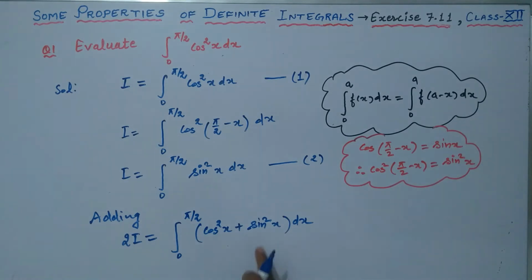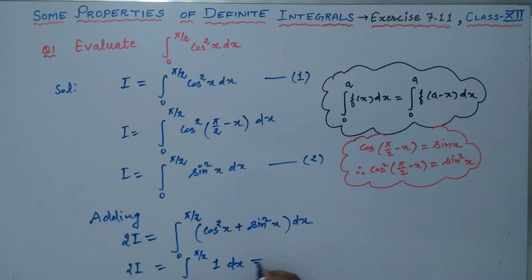Now this is the identity, sine square theta plus cos square theta is equal to 1. So 2I is equal to the integral from 0 to pi by 2 of 1 dx.